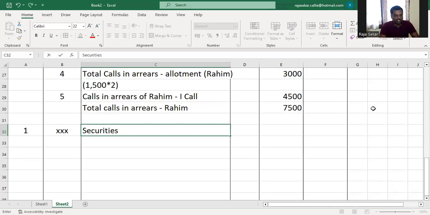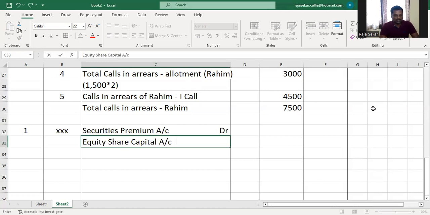So securities premium account debit, equity share capital account debit, because Rahim did not pay, and we are forfeiting. For forfeiture, the journal entry is equity share capital to share forfeiture to calls in arrears.